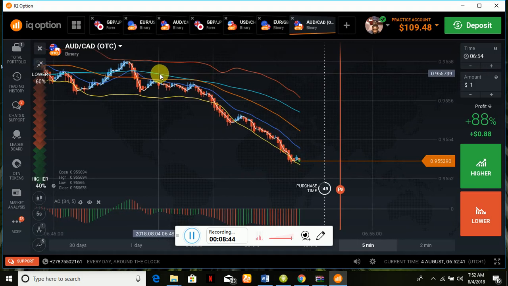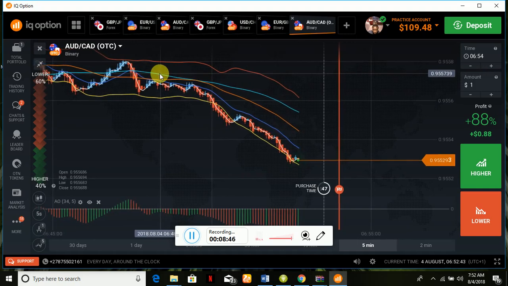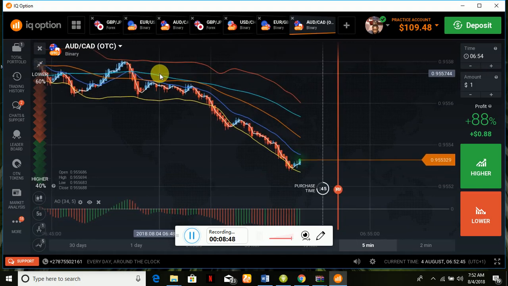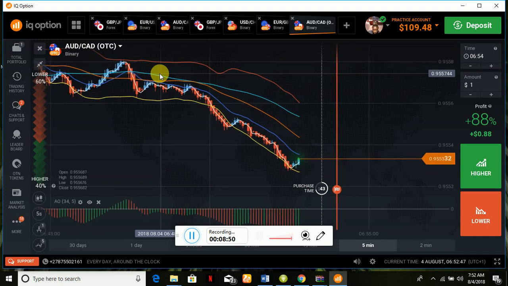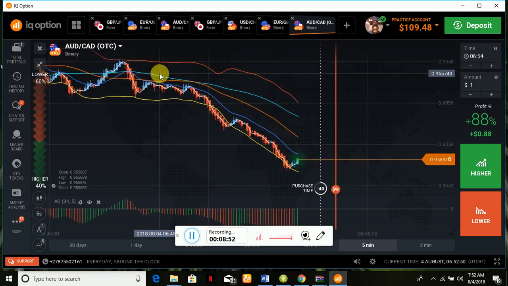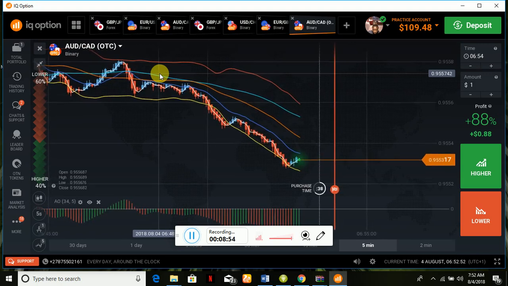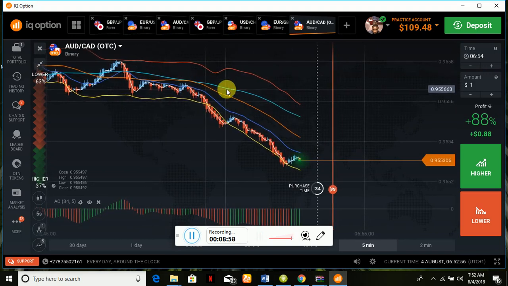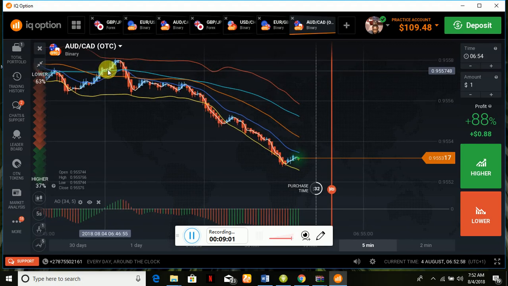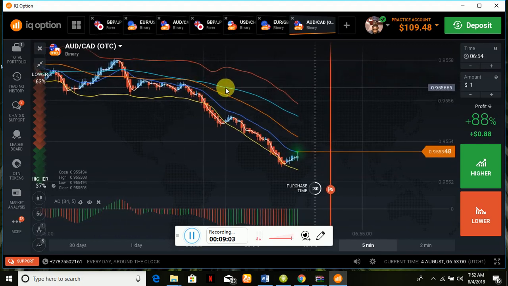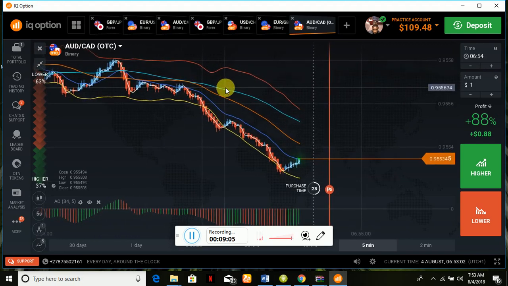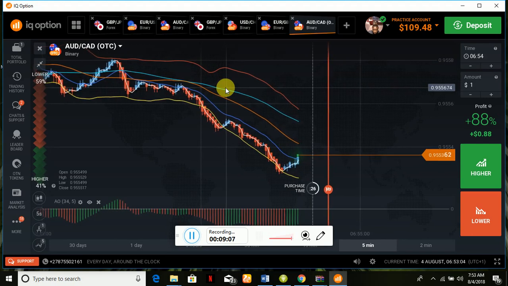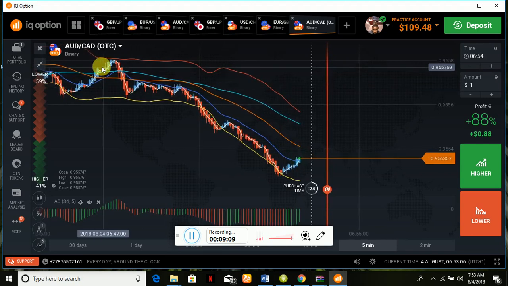This represents your long-term moving average. It supports your long-term trend. So if the graph is below this blue line here, it won't be safe for you to place a buy trade. You can only place a sell trade.